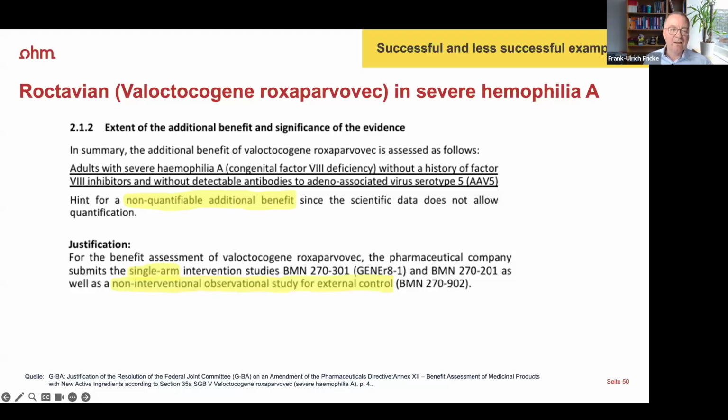And finally, a product where the orphan drug exemptions were applicable here, ending up with a non-quantifiable additional benefit based on a single arm and comparing against external control.